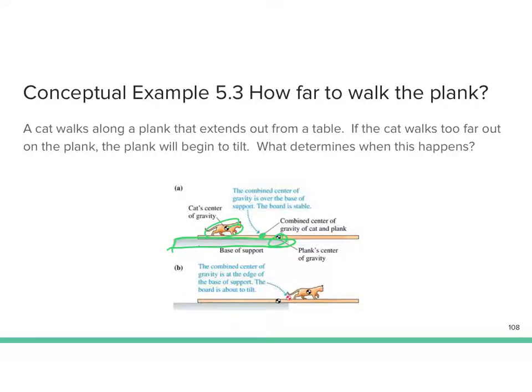But as the cat starts to walk out, that center of gravity will move to the right as well, and then eventually we're going to get this point where the center of gravity is over the pivot point, or over the edge point, and that is the last point that this is balanced. So once the center of gravity goes anything more this way, this is going to cause some rotational motion. So right now this cat is good, but eventually it will go off the edge, and we'll take a look in class at the math behind that.